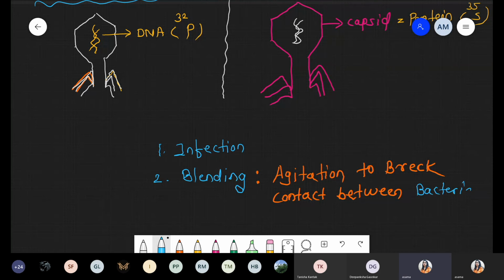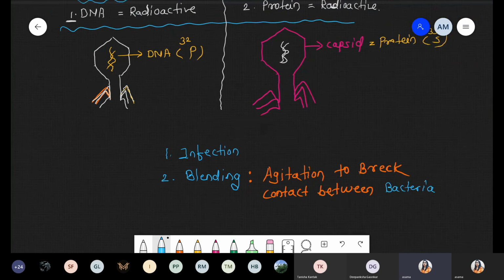Because the first time we allowed it to infect and the second time we have to remove it, because we have to see ahead where the protein is present and where the DNA part is present, inside the bacterial cell or outside the bacterial cell. So agitation is used to break the contact between bacteria and virus. This is the second step. The third step is centrifugation.